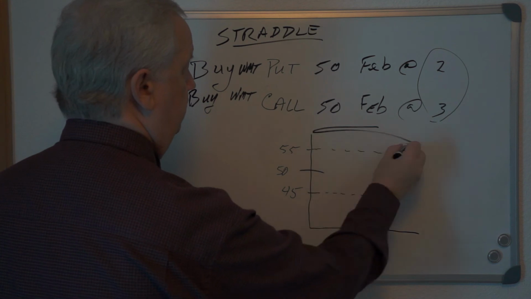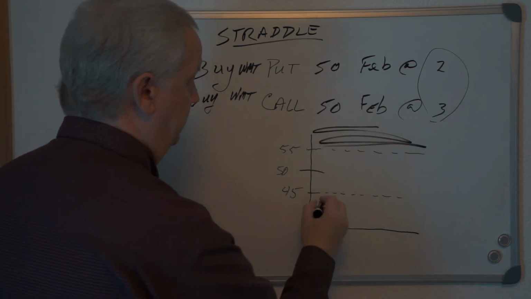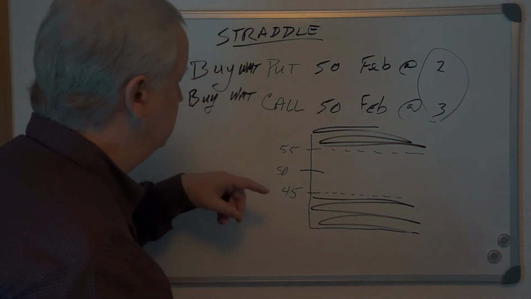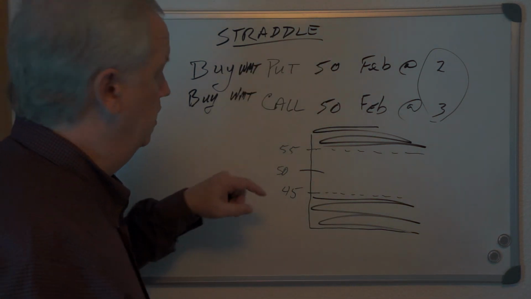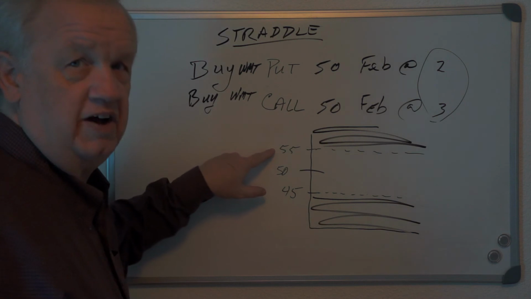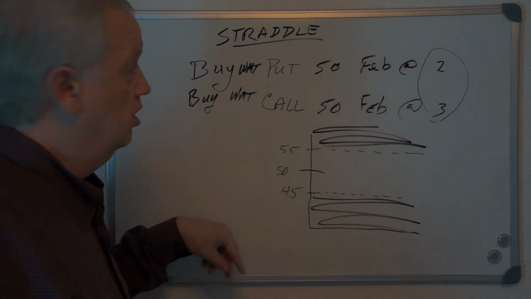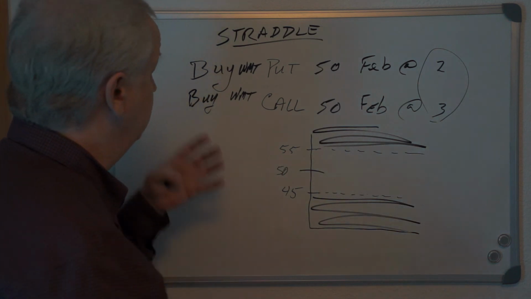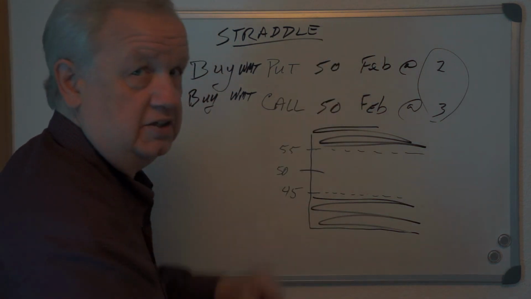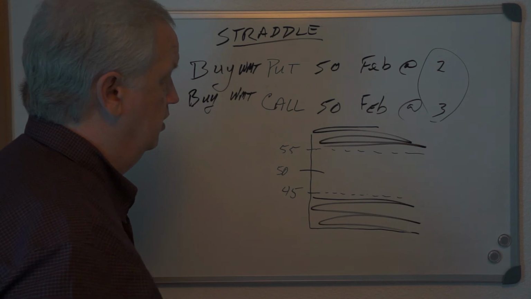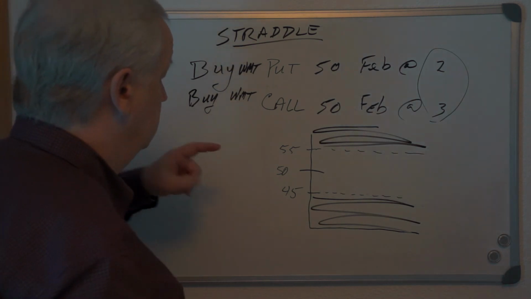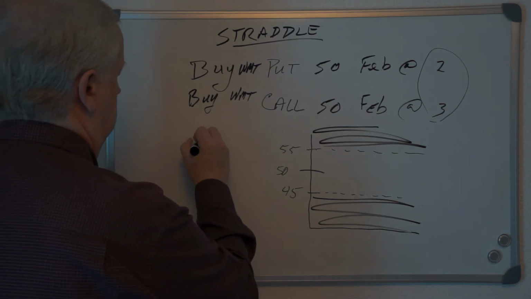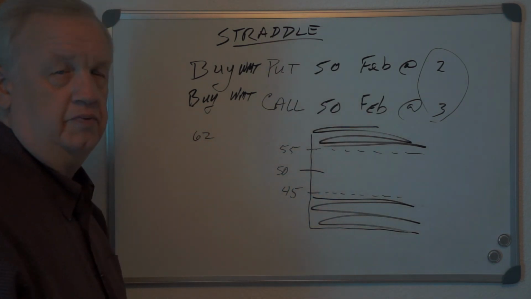I profit up here. I profit down here. So let's just say it's at the money, 50. This thing has to swing more than $5 up or down for this straddle to be profitable. Okay, I'm taking the buy side. I'm taking the aggressive side. So there's my break-even point. Let's say the market price is 62. Up here.